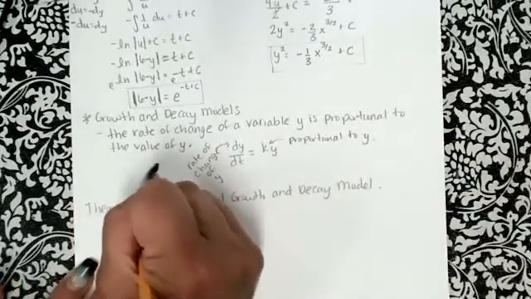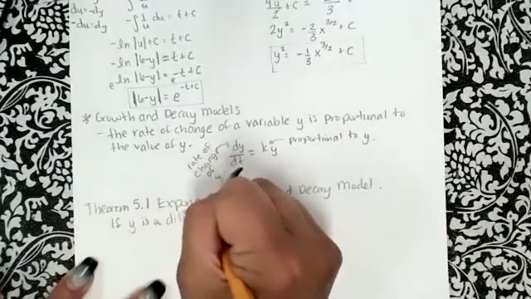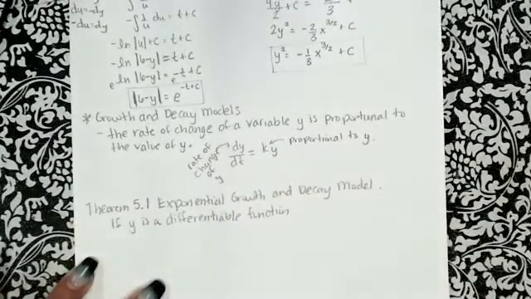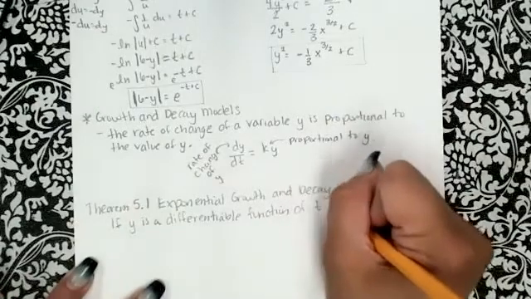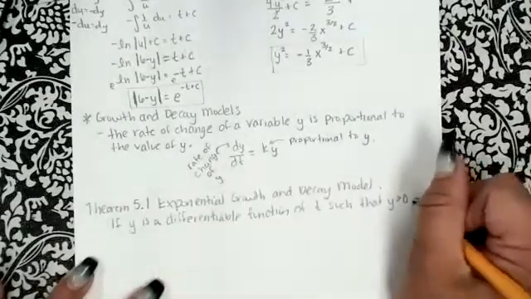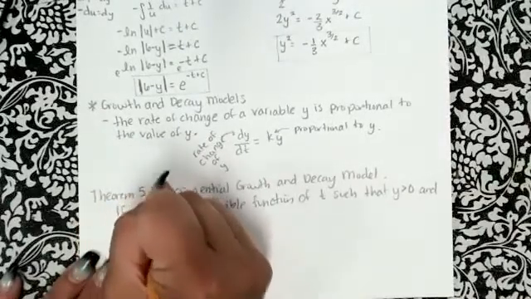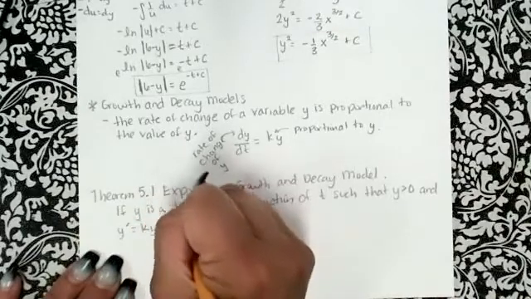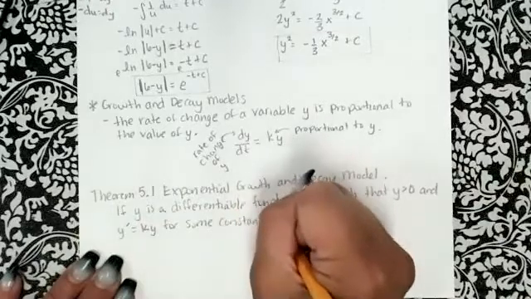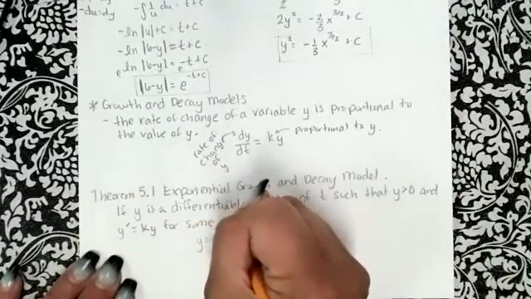If y is a differentiable function of t such that y is greater than 0 and y prime equals ky for some constant k, then y equals c e to the kt.